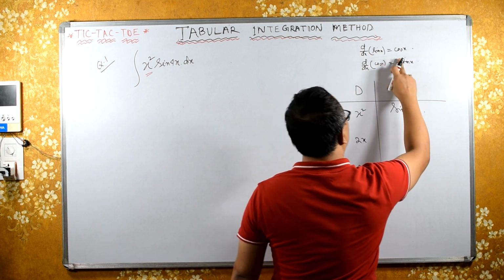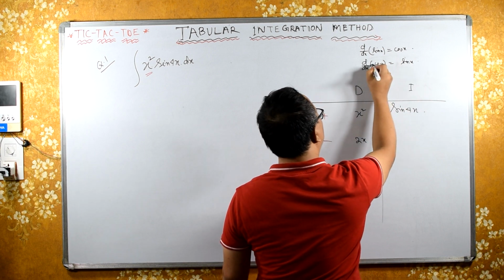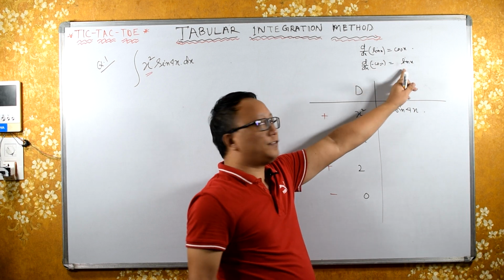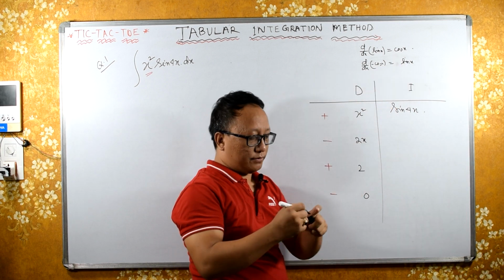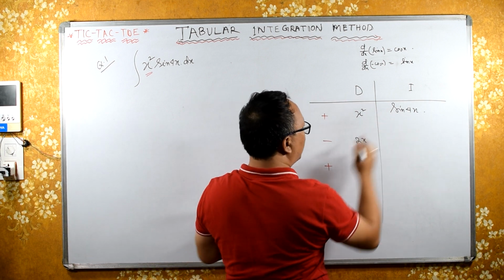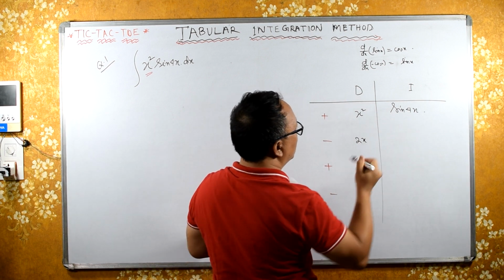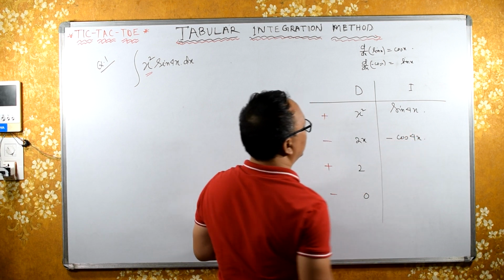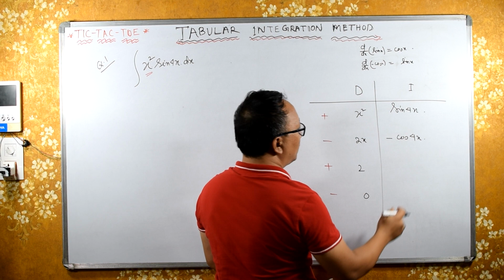Otherwise you can say d by dx of minus cos x is sine x, which means the integral of sine x is minus cos x. Similarly, the integration of sine 4x becomes minus cos 4x into 1 upon 4.